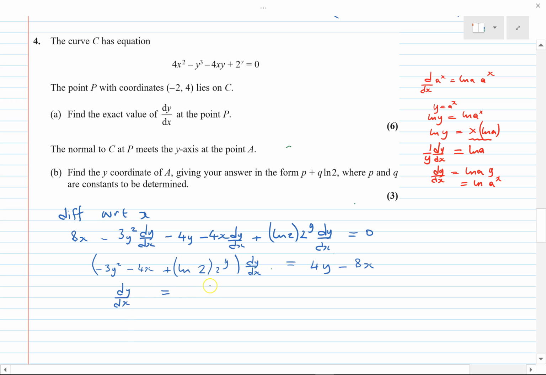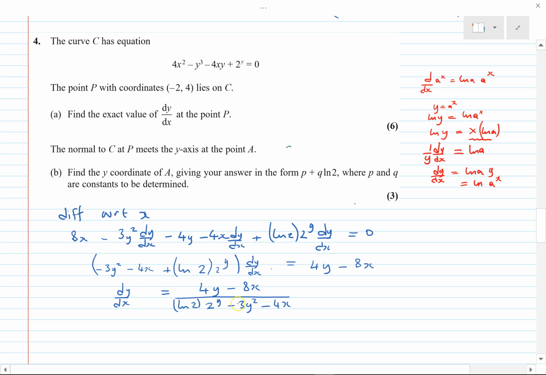So we have dy by dx is equal to 4y minus 8x all over ln 2 to the y minus 3y squared minus 4x.